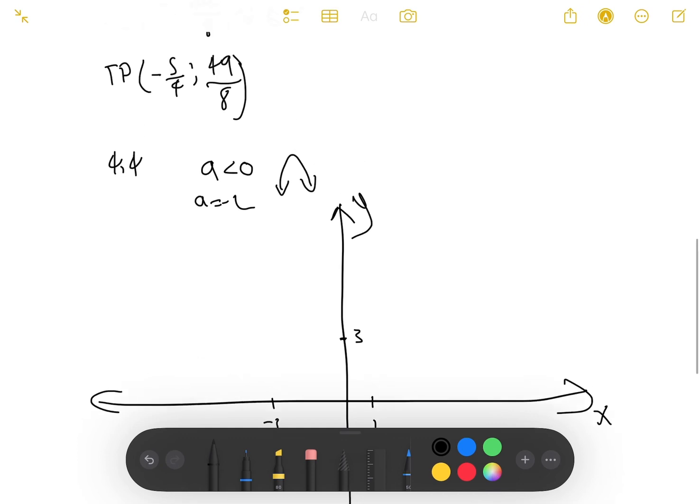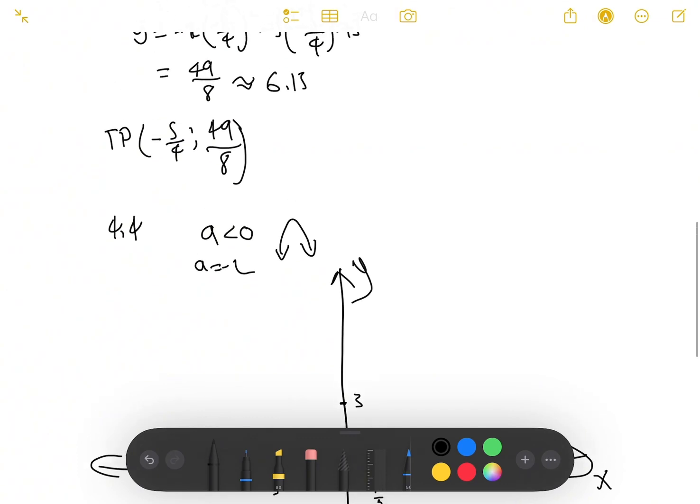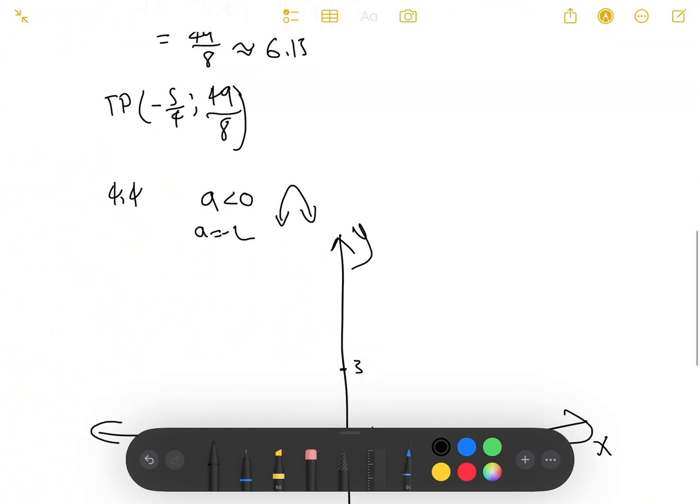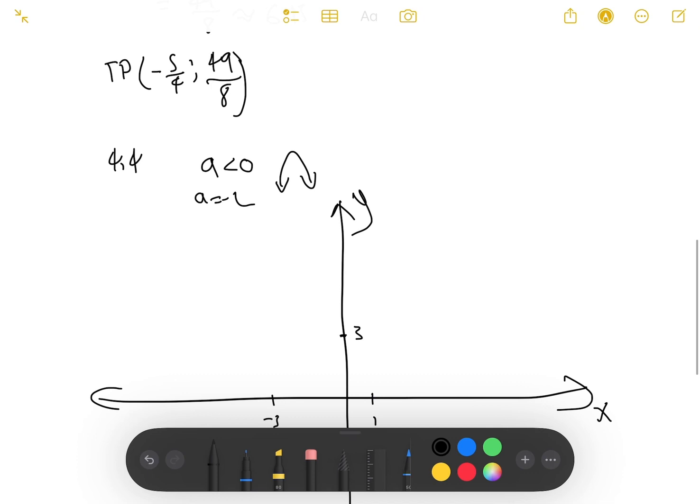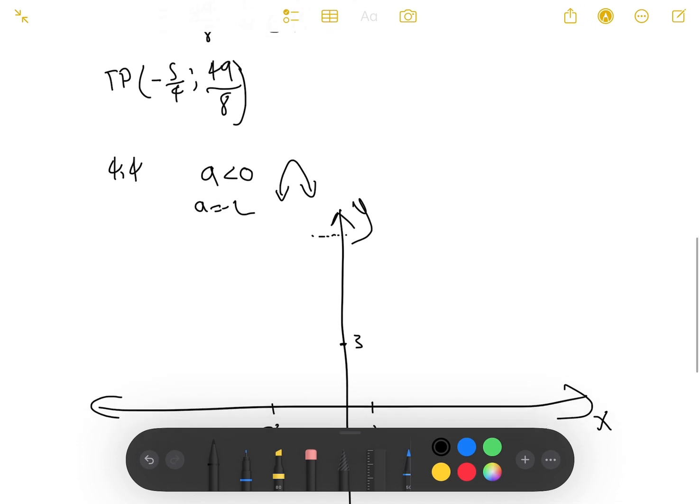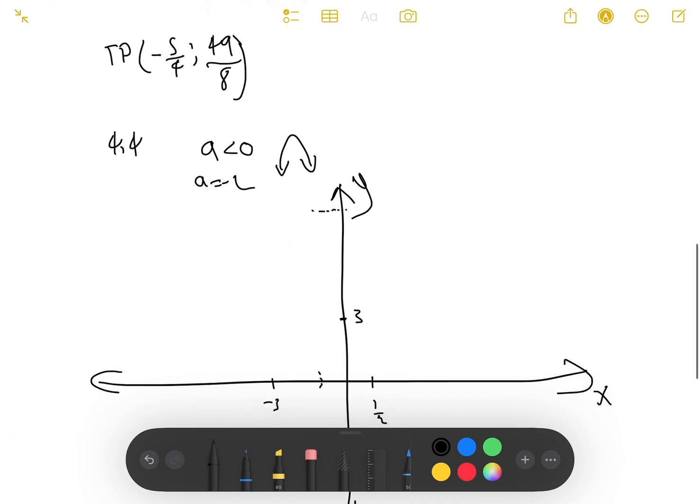And then the turning point, we noted that that one is roughly 6.13, so that will basically be somewhere around here. And then the other one, negative 5 over 4, is basically negative 1.25. So something like this. You can maybe approximate around here.